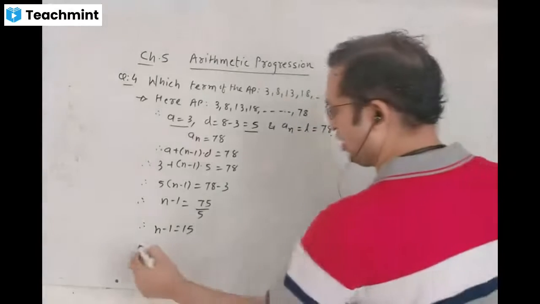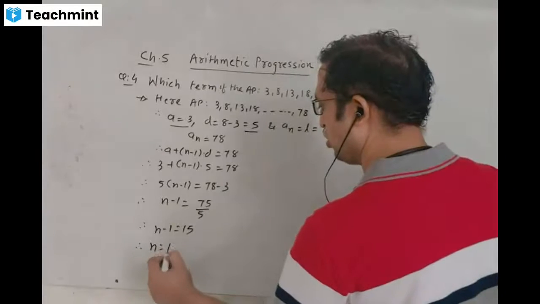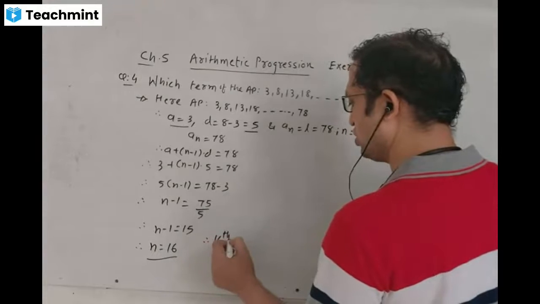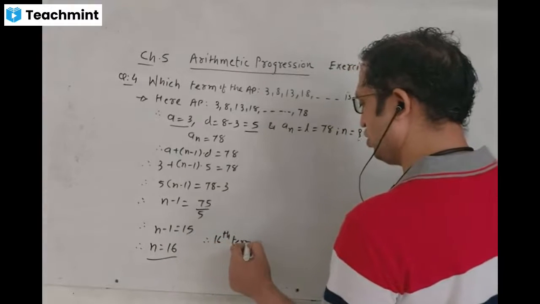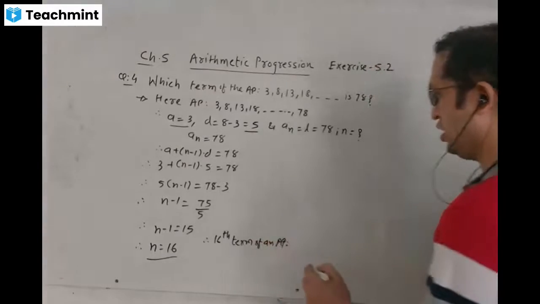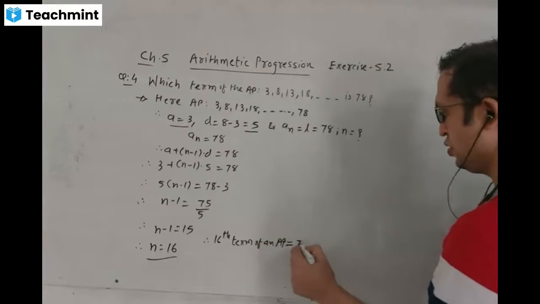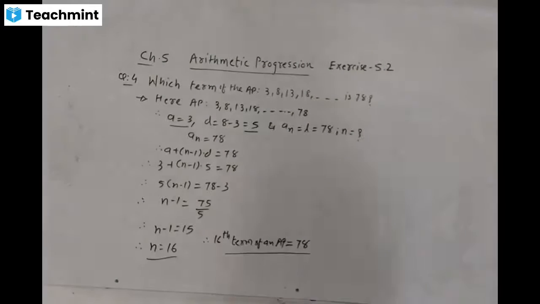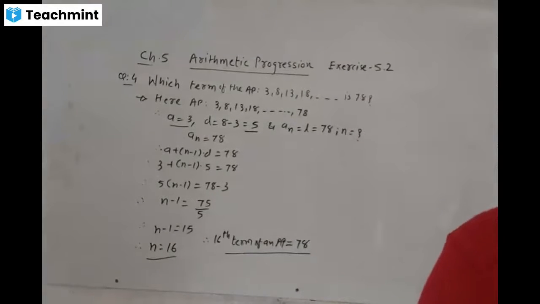And therefore what is the value of N? N is equal to 15 plus 1, 16. Therefore 16th term of an AP, that is equal to 78. So the 16th term of the AP is 78. Okay, clear?